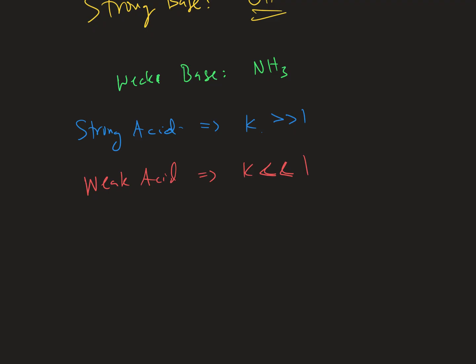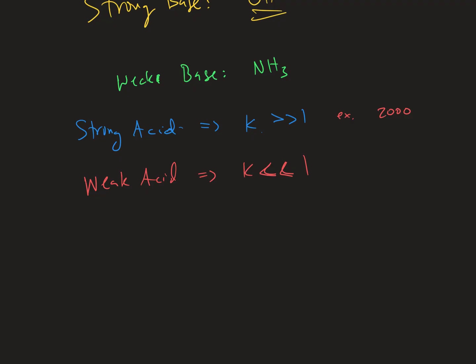Anybody have a question or comment before we move on? So double arrows just mean very much more than one or very much less than one? Yeah. Okay. So an example, this would be like 2,000, right? Remember we said that the equilibrium constant K is going to be between 1 and infinity, right?